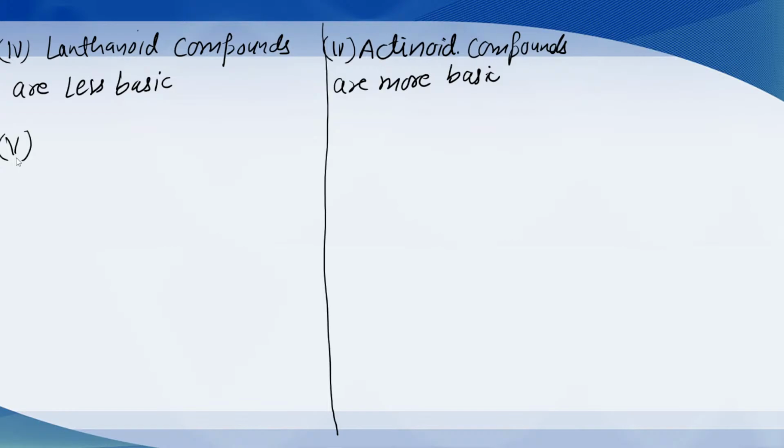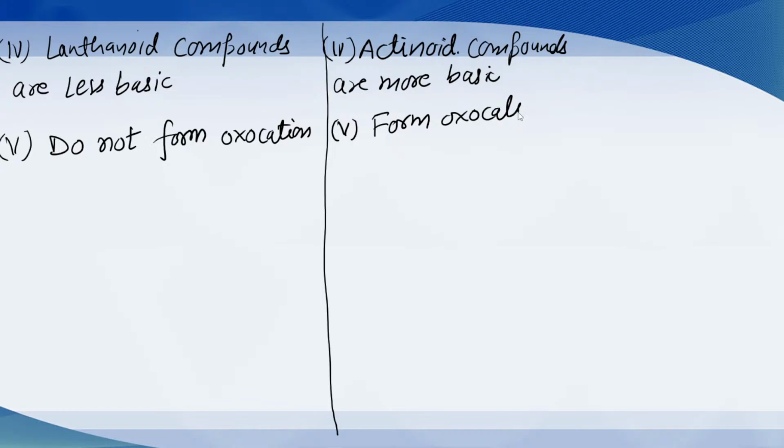Next, lanthanoids do not form oxo cations, but actinoids form oxo cations. For example, UO2+, PuO2 2+, UO2 2+.